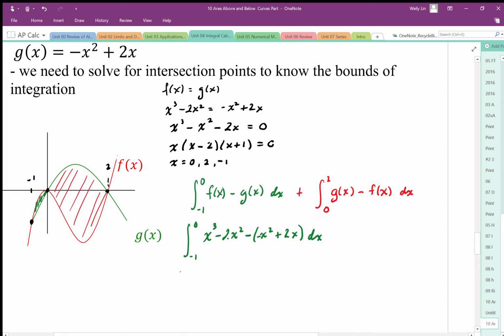So I'm going to simplify this from negative 1 to 0, x cubed minus, okay, it's going to be minus 2 plus 1, so minus 1x squared, and minus 2x.